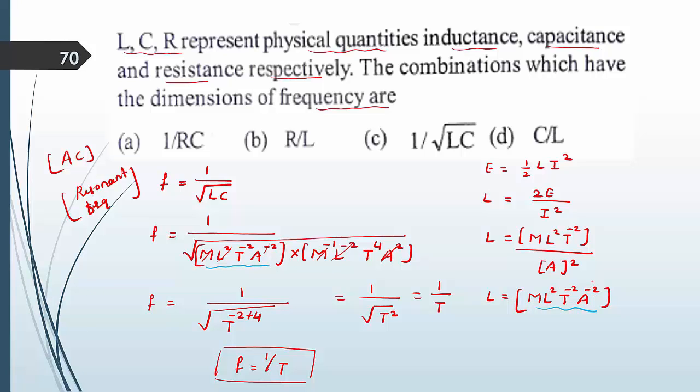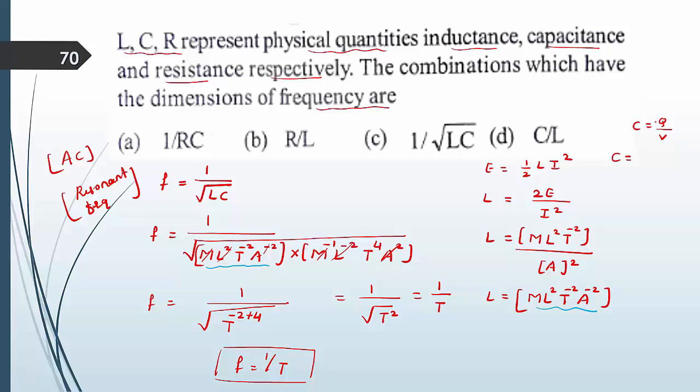Similarly, how to write the dimension of capacitance? We know that capacitance is given by the equation C equal to Q divided by V. About this equation you have studied in the chapter Capacitance of a Capacitor, chapter 2. Here Q is the amount of charge.